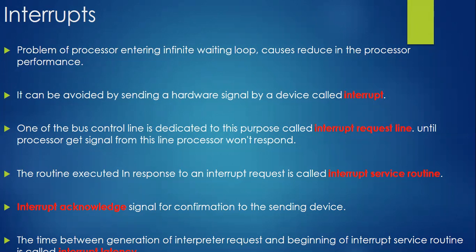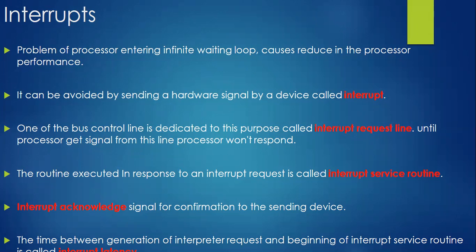The main meaning of this explanation is that whenever a device is expecting any kind of service from a processor, it must raise a signal. We call it an interrupt. So when the processor receives an interrupt signal from any particular device, it will pause the execution of the present working task and start providing a service for the interrupting device. Here we also have to decide which interrupt request should be served first.